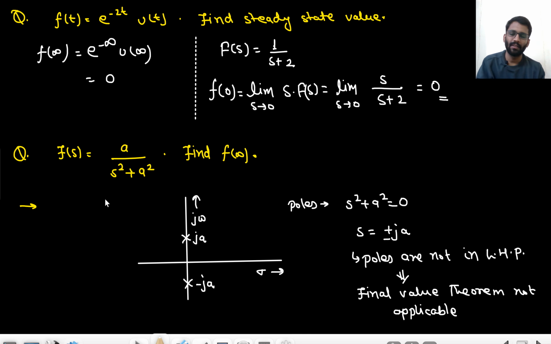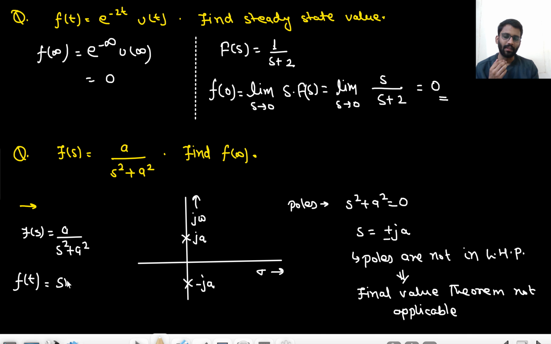Or what is F of s? That is a upon s square plus a square. Tell me what will be f of t? You should know it. It will be sin at u of t, right? So this is what? A periodic signal, right? The waveform will be like this, periodic, keeps on going like this.